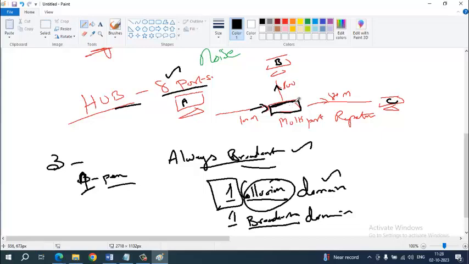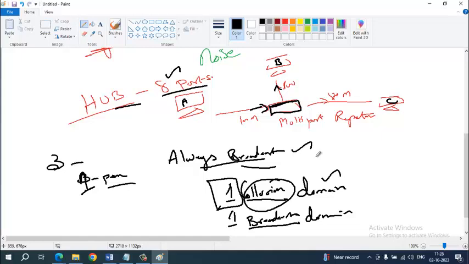If everyone has a separate path, then they will not collide. They won't form collision. There won't be a traffic jam. If everyone uses the same road in the morning, collision. If everyone has a separate road to go to office, no problem, no traffic jam.